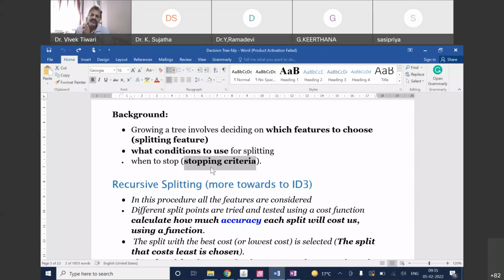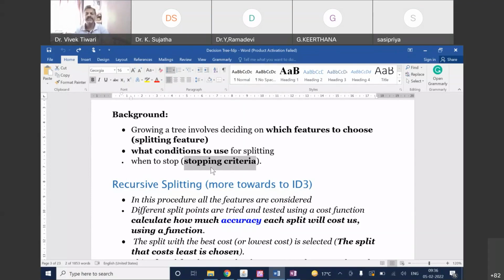Tomorrow's lecture, the decision tree will be there again. A different algorithm I will cover, so I will try to cover it. If the tree is too big, too large, it is itself a big problem. So we have to stop the growing of the tree somewhere in between. That is called a stopping criteria.